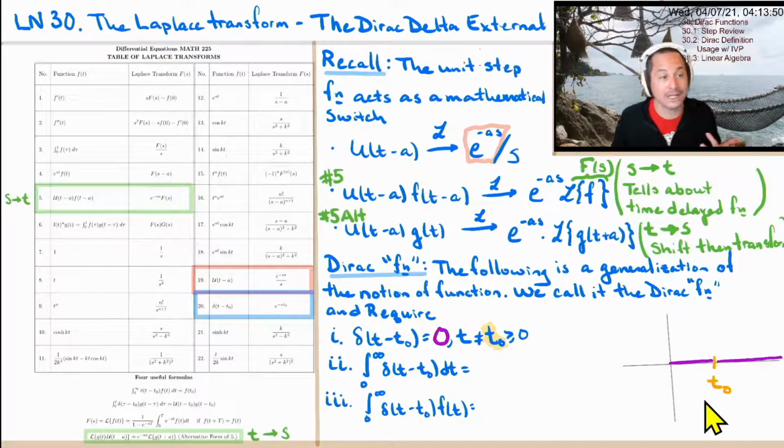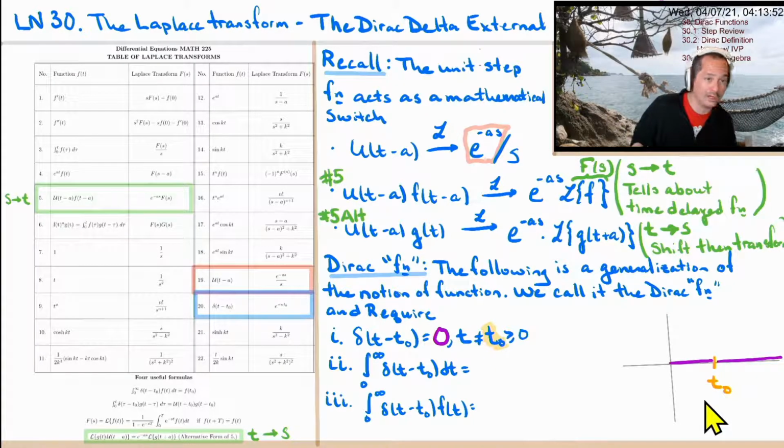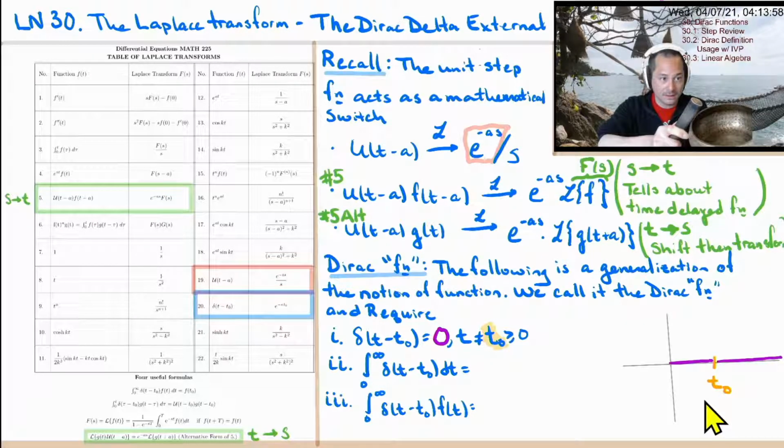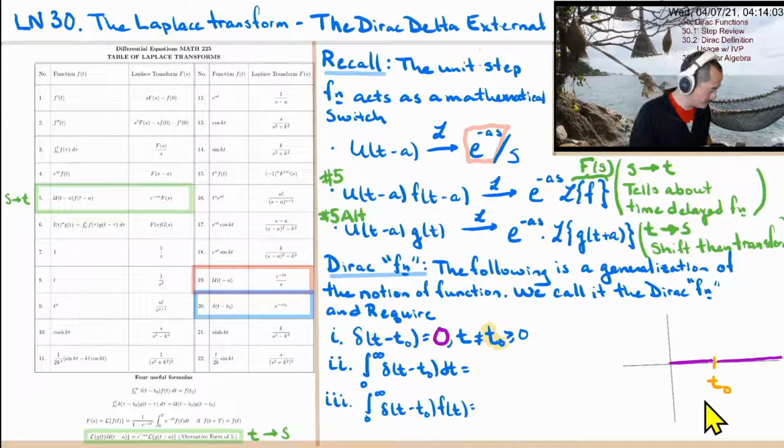So outwardly, it's behaving exactly how we want because it is nothing, nothing, nothing, nothing, T naught, nothing, nothing, nothing, nothing. Okay? So that's the idea. Here's the kooky part.